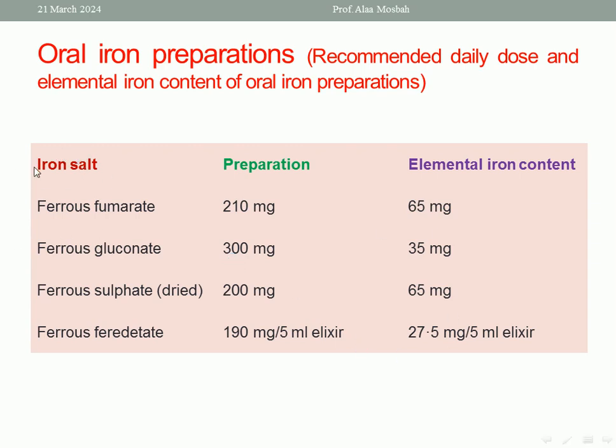As you see, with ferrous fumarate, the preparation contains 210 milligram and gives only 65 milligram elemental iron, while ferrous gluconate in a preparation containing 300 milligram gives 35 milligram elemental iron, while ferrous sulfate in a preparation of 200 milligram gives 65 milligram elemental iron, while ferrous ferritate 190 milligram per 5 milli elixir gives 27.5 milligram per 5 milli elixir.